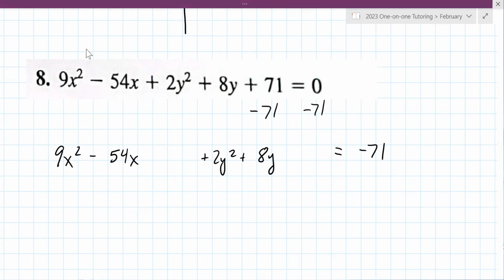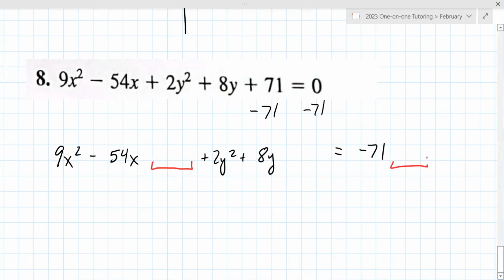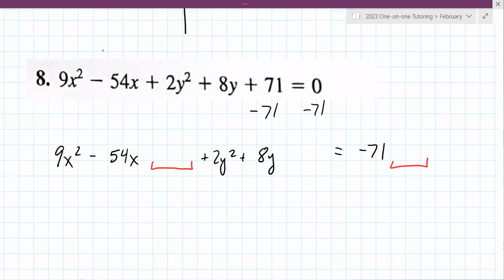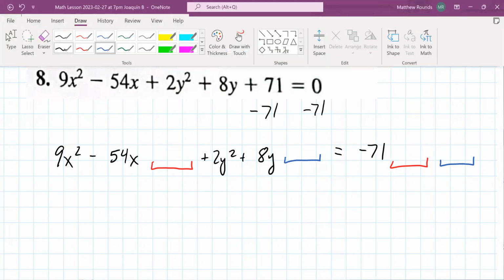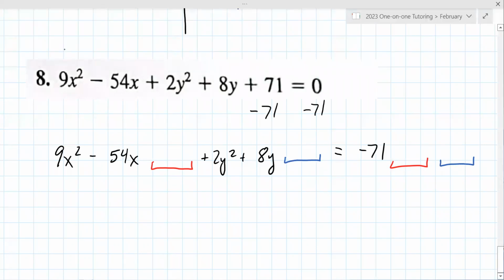Minus 71. So you put a little bucket here. We're going to work them individually. In both the x and the y here, we're going to have to factor out a number first, and that's the 9.